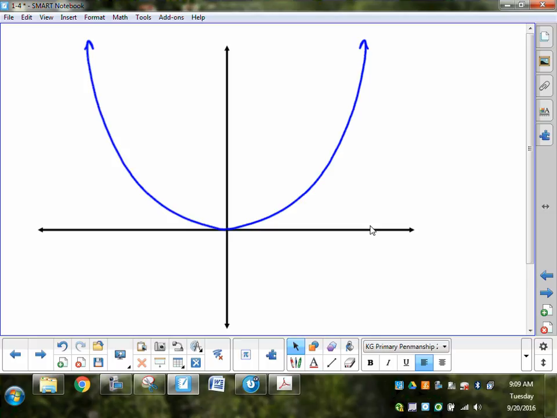However, that is a function. It's going to have an inverse. It's not a function. The problem is, if instead of looking at the whole graph, I just look at a specific piece of it, it is one-to-one.